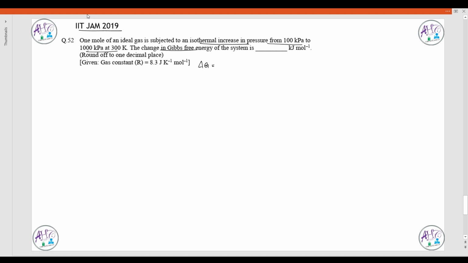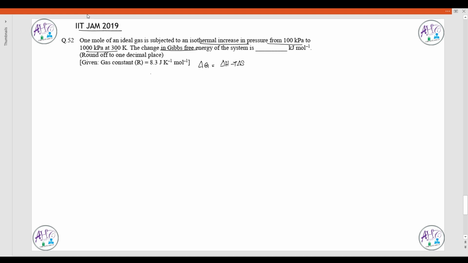For del G, we know the formula: del H minus T del S. What else have they given? They have said this is isothermal. Isothermal means your temperature will be constant.